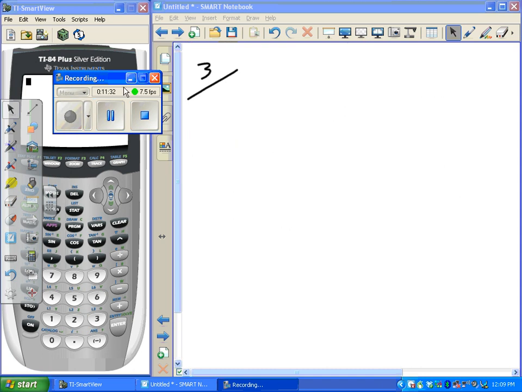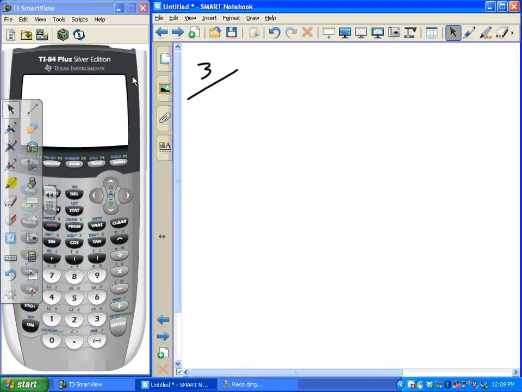Question 3. Okay, question 3 says, if a linear system has one solution, what do you know about the slopes of the two lines? Okay, in order to answer this question, I'm actually going to talk about the others.